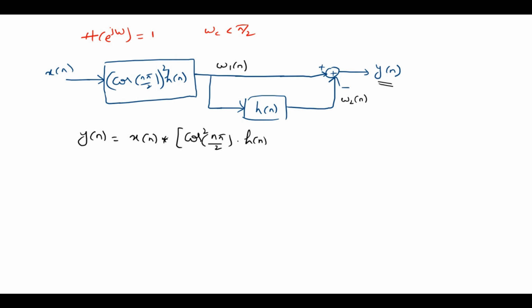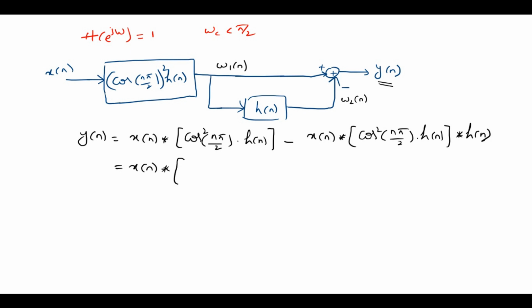Minus w2. W2 is the convolution between w1 and h. W1 is again the first term, so x of n is convolved with cos square of n pi by 2 into h of n. This whole thing is again convolved with h of n. Now x of n is convolved with cos square theta, which I am writing as 1 plus cos 2 theta by 2.